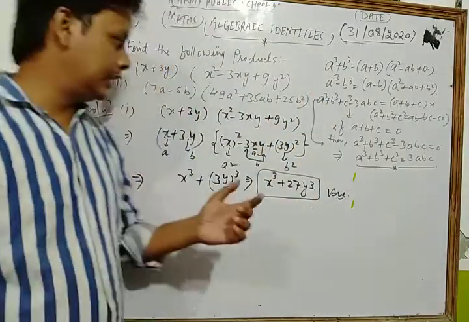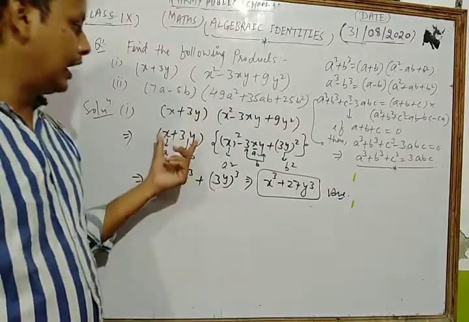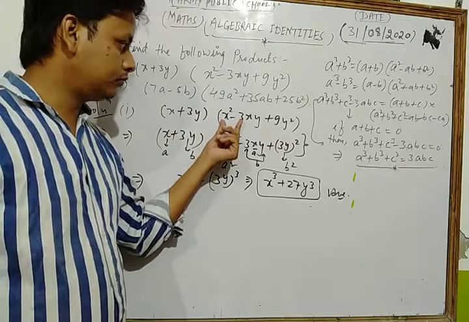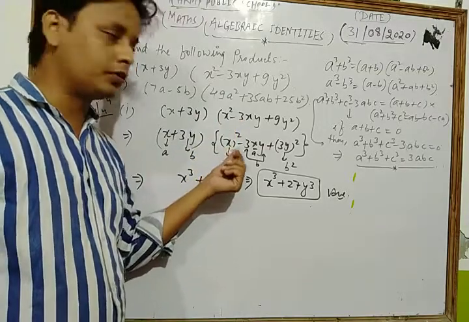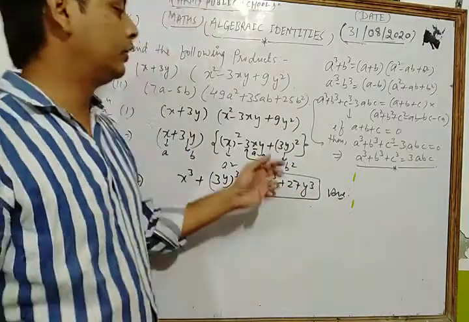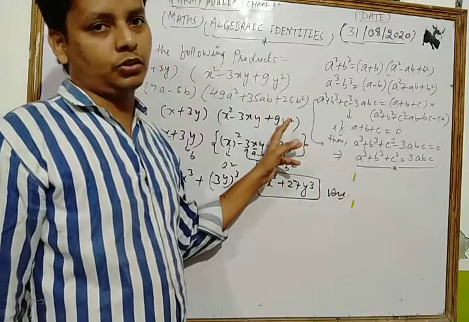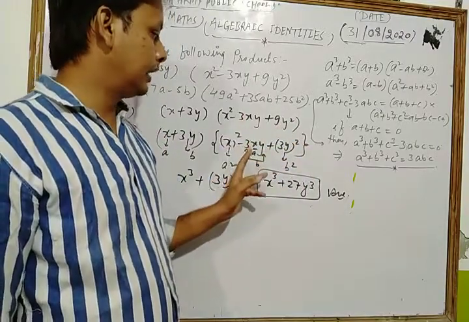Now let's see once more. First of all, we write x plus 3y as it is, and we write x square in this way. We write 9y square as 3y square, because if we square 3y, we get 9y square, and we write the rest as it is.